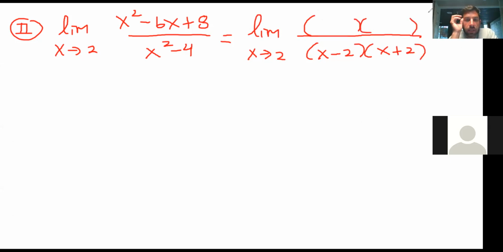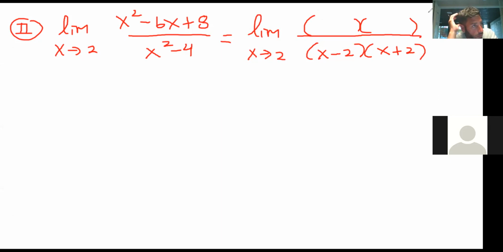For many of us, we're still not the quickest at recognizing factorizations, but you want to work on that, because being able to factor is an essential skill to doing many of the things that we're going to do in this class.